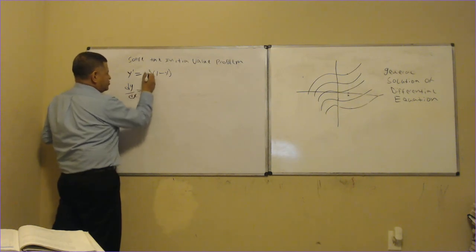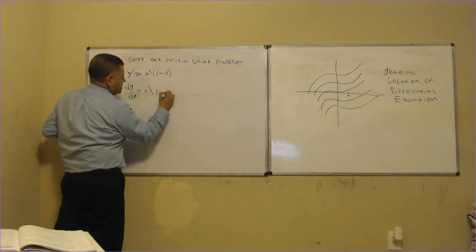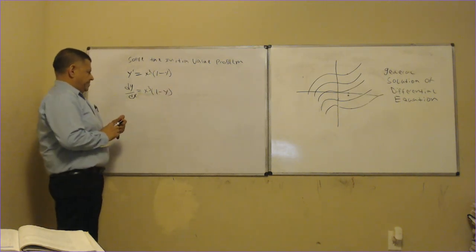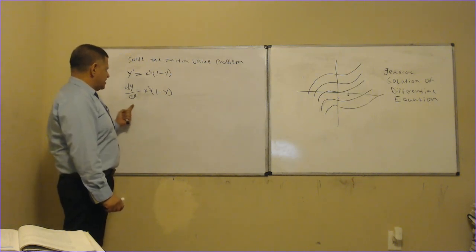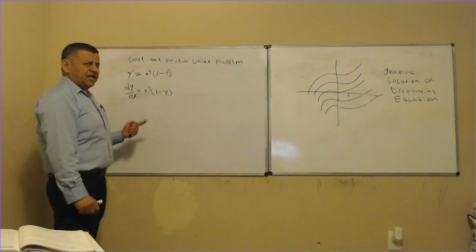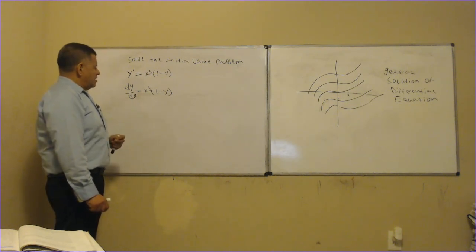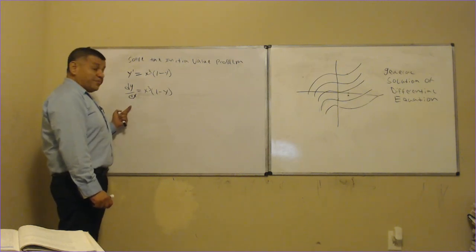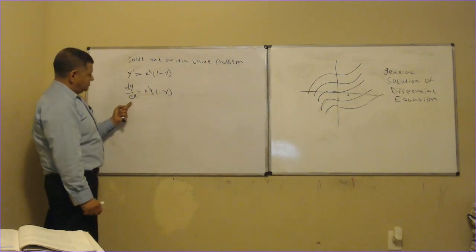So now what I will do is write that as x cubed times 1 minus y. And the reason I do it like this is because in the past, I've done some problems in separation of variables, and it's important to write it like this, right?